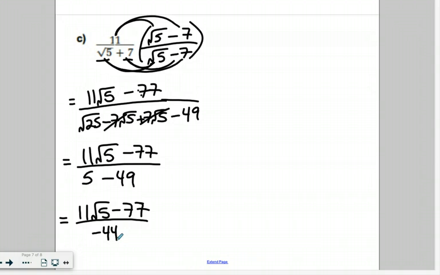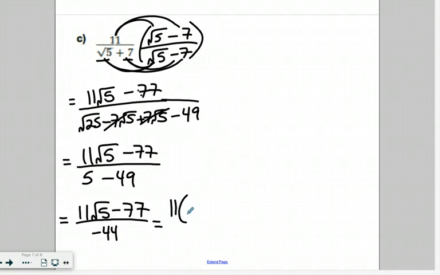And our final step to check for is, can anything be simplified? So the radical is a root 5, that's prime, so it has no perfect square factors. And then we can look at all the other terms and say, is there something in common between the terms in the numerator and the denominator? And it should be fairly obvious that it's an 11. So we can factor an 11 from both the numerator and the denominator.